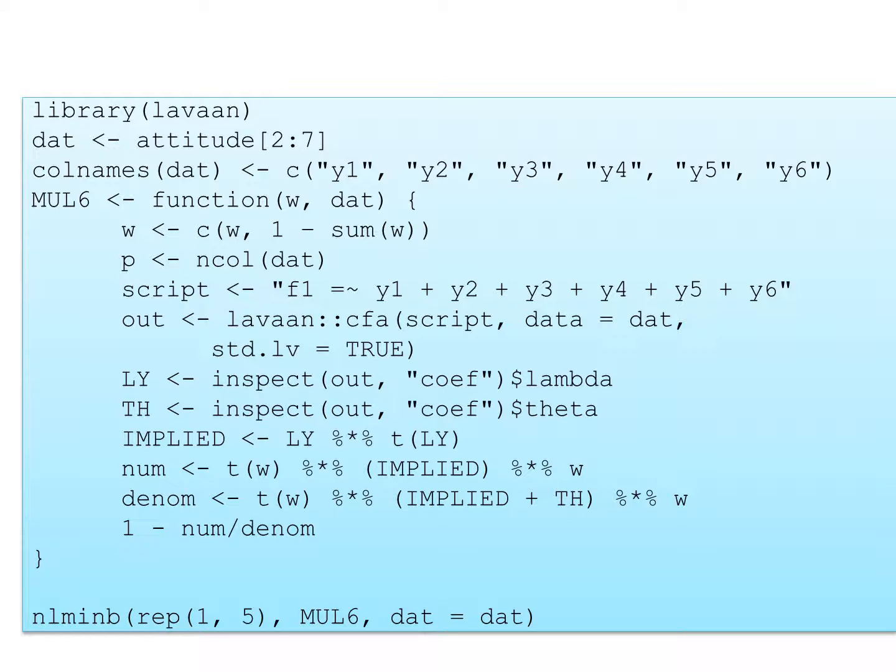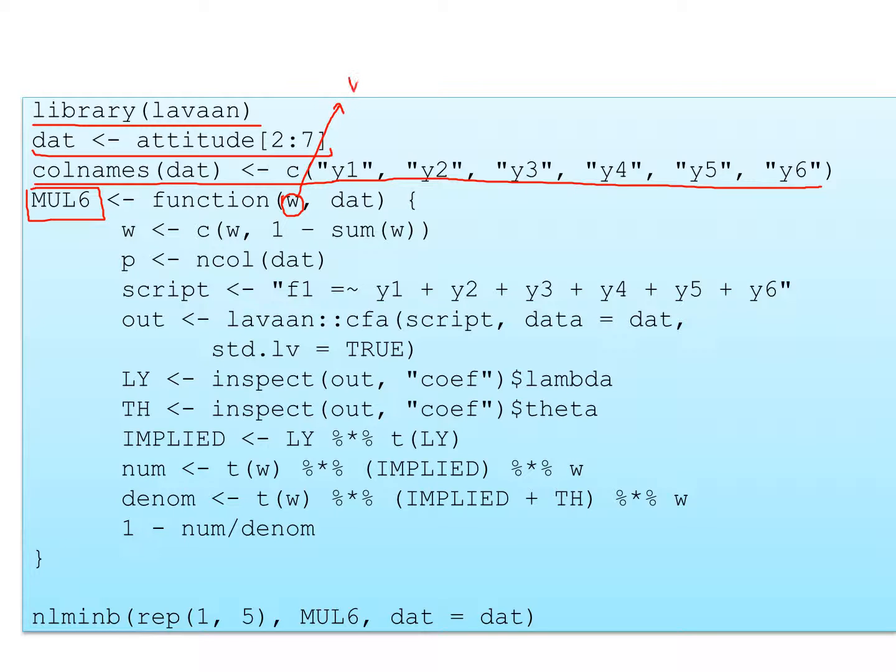So let's go. We call the library lavaan to run factor analysis for us. Then I select the data, that is the second to the seventh variables of the attitude data. I name the columns y1 to y6, and then I make a function called mouse6, a function of the weights. The weights over here, I only provide weight 1, weight 2, weight 3, weight 4, and weight 5.